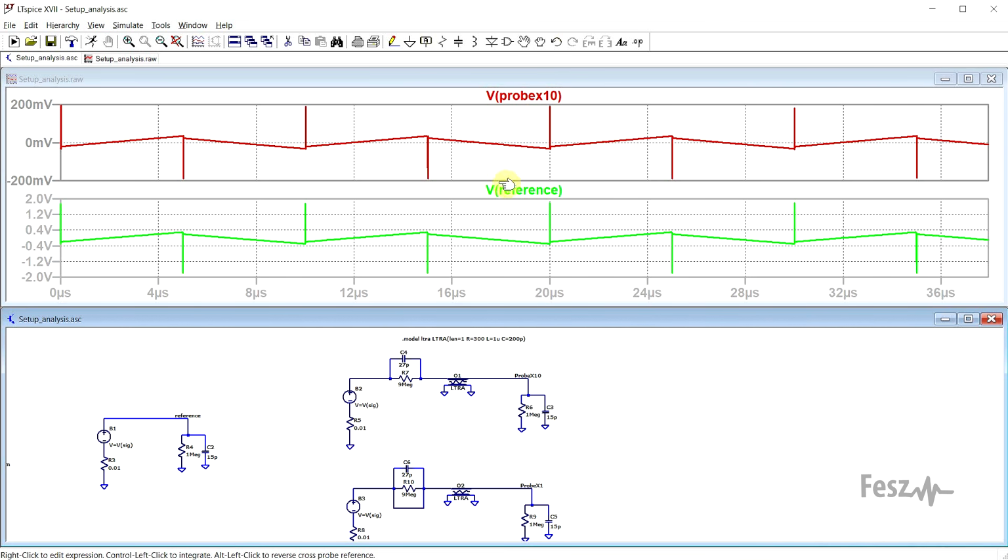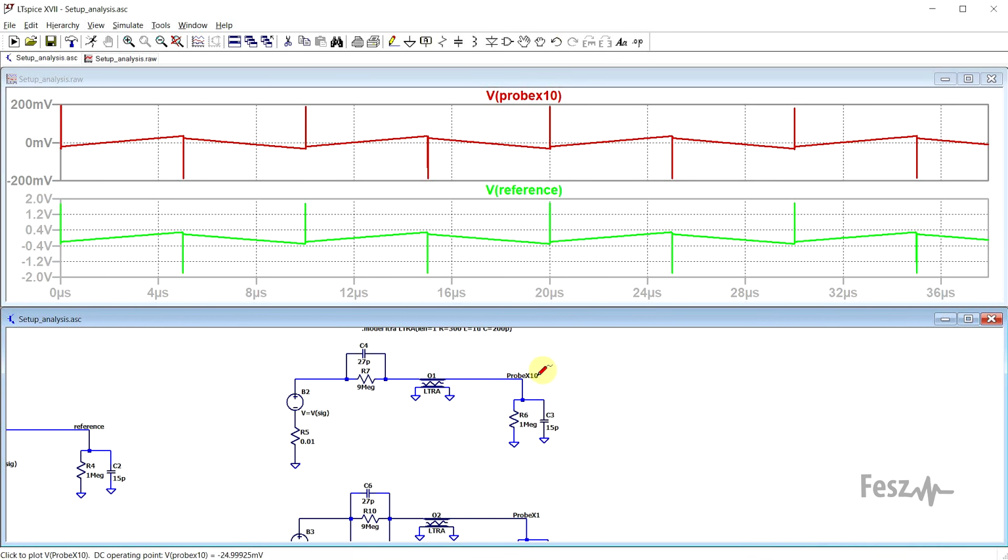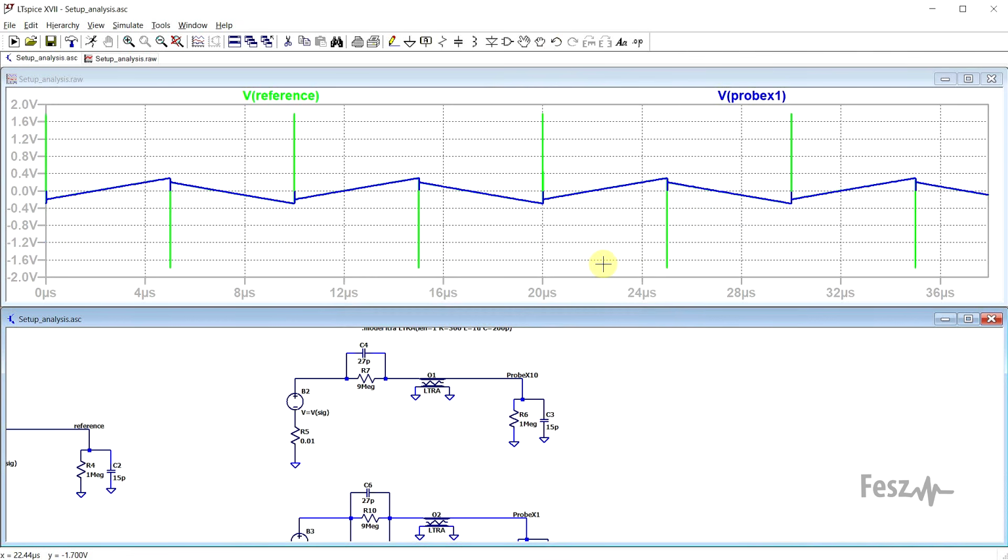What it will affect, however, is the amplitude. The X10 in the probe's name means that the signal is attenuated 10 times. So while the reference is about 4 volts peak to peak, the signal on the X10 probe is about 400 millivolts peak to peak.